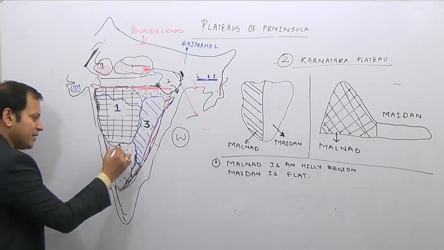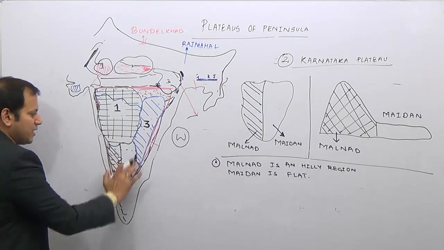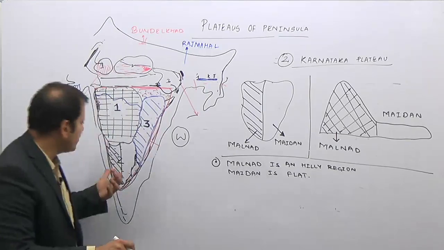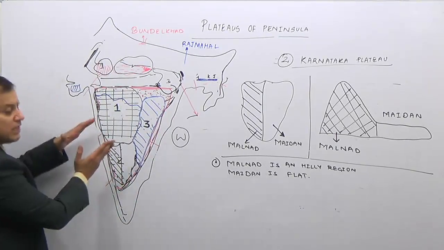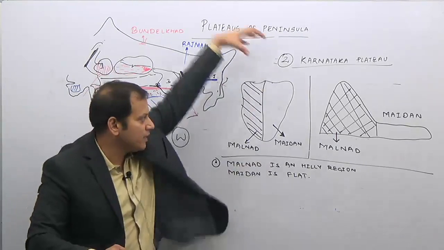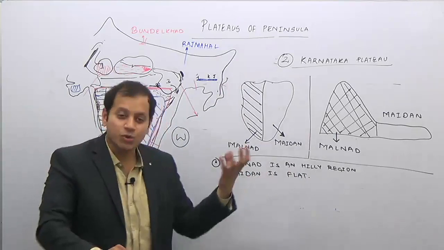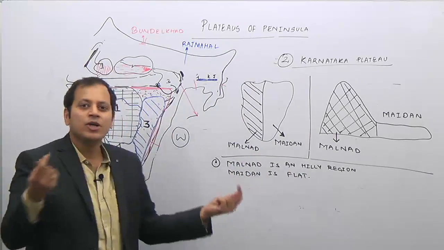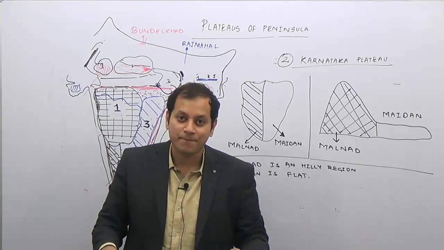Again, if I divide this, it is somewhat like this, that this is the Malnad region and this here is a Maidan region. No doubt, the Malnad region lies in the western part. So, this is a region which gets the southwest monsoon winds first, and because of that it receives very heavy rainfall. If an area is receiving very heavy rainfall, will it be densely forested or sparsely forested?